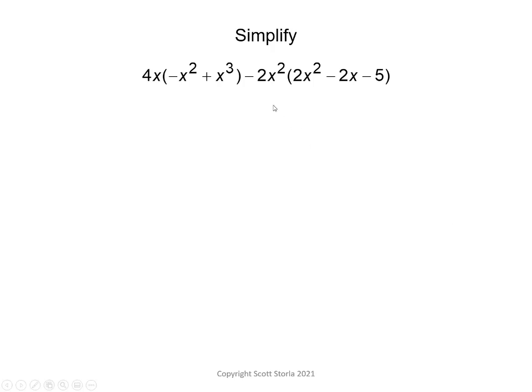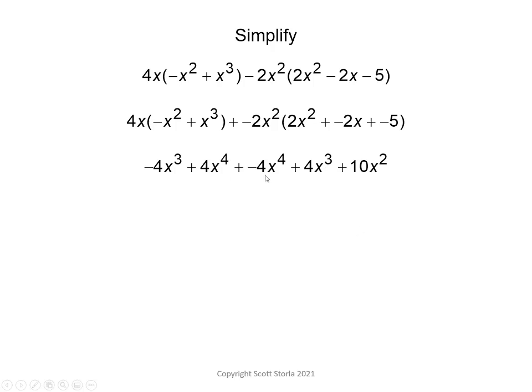Here's another where I'd be tempted to change these to adding opposites. After rewriting my expression, this is going to give me negative 4x cubed plus 4x to the fourth plus negative 4x to the fourth plus positive 4x cubed plus positive 10x squared.